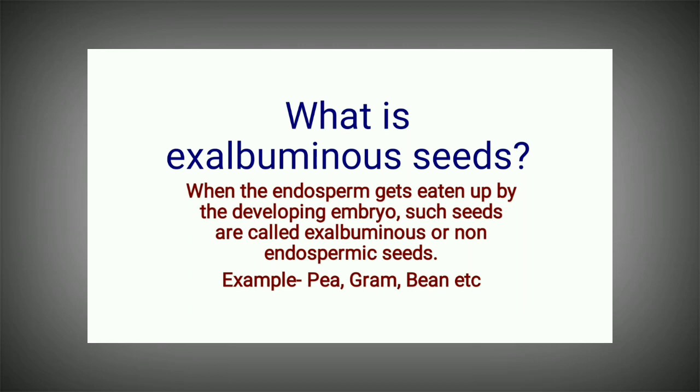That is why it is called a non-endospermic or ex-albuminous seed. Examples are pea, gram, kidney beans, etc. So we can see these two types of seeds on the basis of the development of the endosperm.